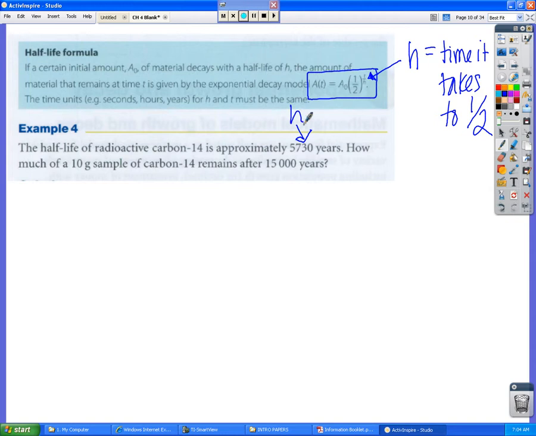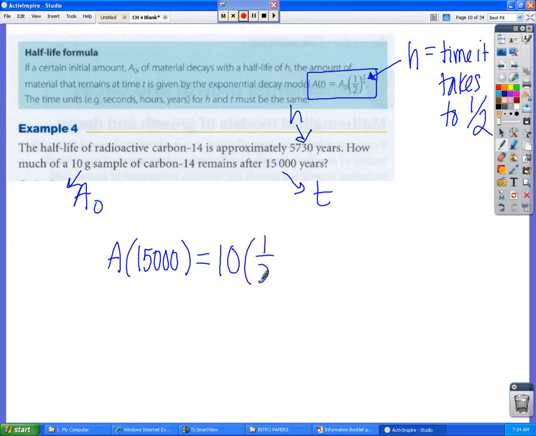How much of a 10-gram sample, so that's our A sub O, remains after 15,000 years? So we're looking for A sub, the time would be 15,000 years. Our initial amount was 10 grams. We're half-lifing this, and the time is 15,000 divided by the amount of time it takes.